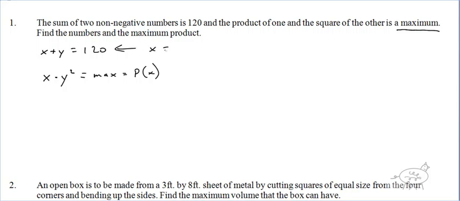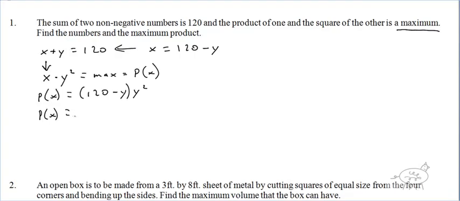I get x equals 120 minus y. Then I substitute that in for x, so p of x is equal to 120 minus y times y squared. So p of x is equal to negative y cubed, in descending order, plus 120y squared.